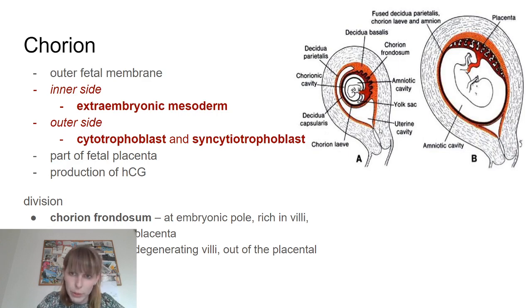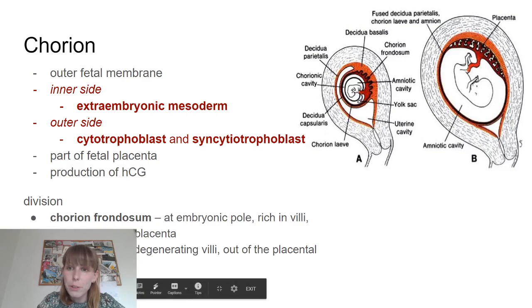It starts to grow, so then it will fill the whole uterus, but at the beginning it was here. At this area the chorion will form a lot of villi, and this is the area, once again, of the part of decidua basalis which will become the placenta. So here in this picture you see decidua basalis and the so-called chorion frondosum. A lot of Latin terms, I'm afraid, but chorion frondosum is this part which has a lot of villi and will become part of the placenta.